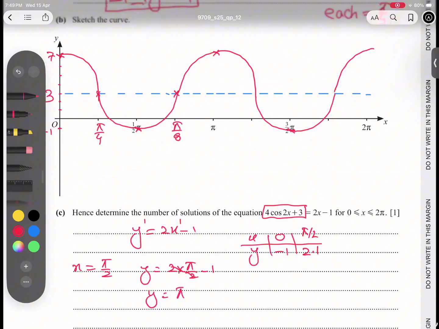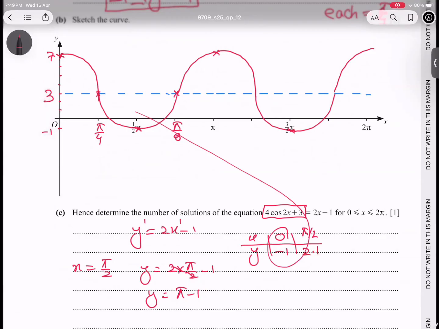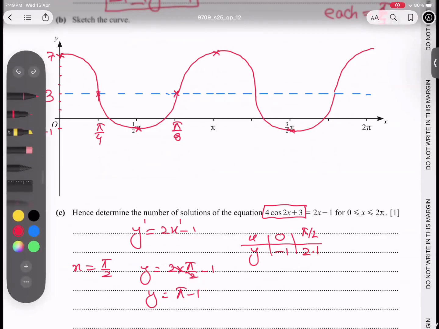When I type in the calculator, I get 2.1. So where is 0, -1? I'm going to draw a black line so you can understand easily. x is 0, y is -1 here. And pi by 2 is here. And 2.1 is somewhere here. Let me check where 2.1 is. 1, 2, approximately 2 you can say here.